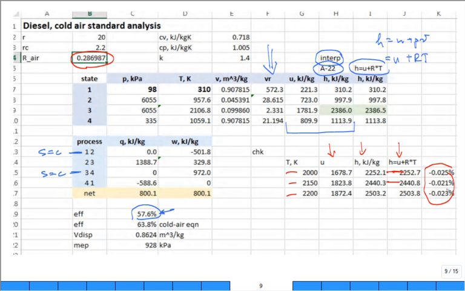That's like a penny or something. No, you're not. It's not a big deal. But this little bit of error, if you put the delta h with the linear interpolation into the Q2 to 3, when you do the sum, you will not get Q net equal to work net to 4 or more significant digits. So I just point that out.